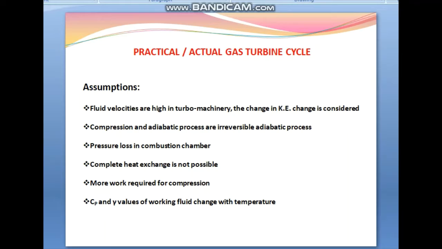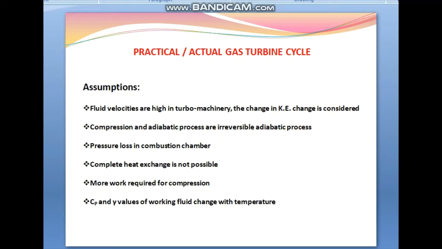First of all, let's see the assumptions for these practical or actual gas turbine cycles. Number one: as the fluid velocities are high in turbo machinery, the change in kinetic energy between inlet and outlet of each component will be taken into account. Number two: the compression and expansion processes are irreversible adiabatic, involving an increase in entropy.